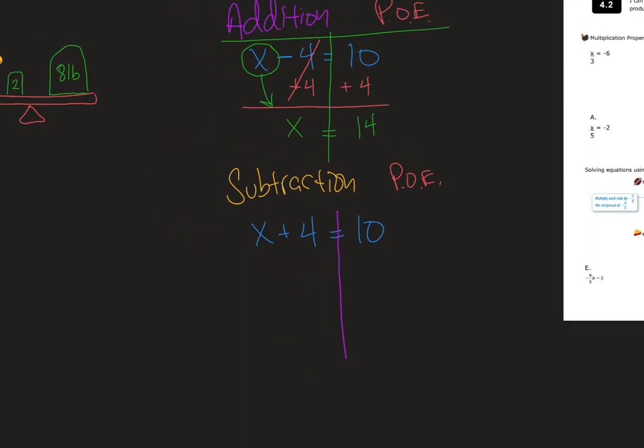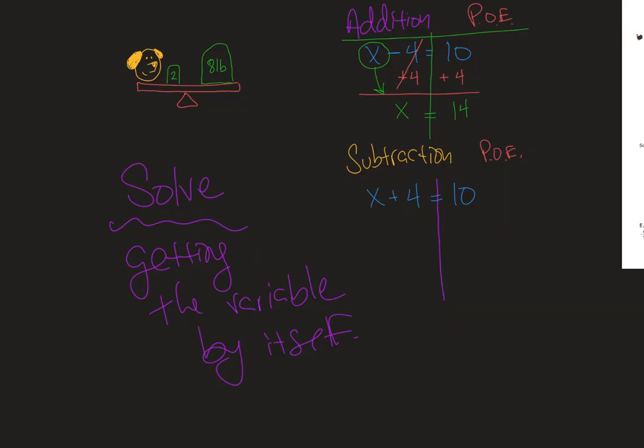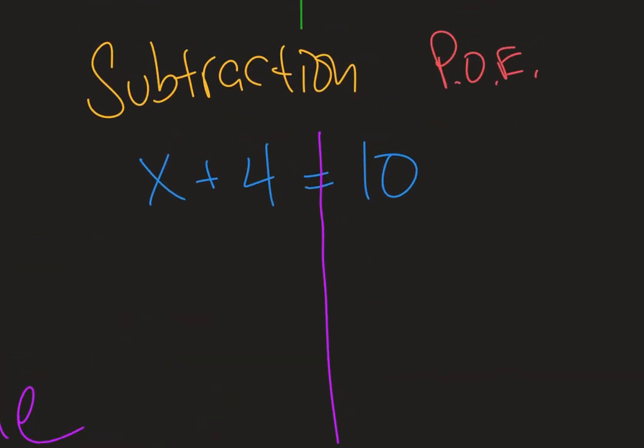And in fact, what do you mean solve? When I say solve, I mean we are getting the variable by itself. That's what it means to solve. So right here, what's with our variable is plus 4.